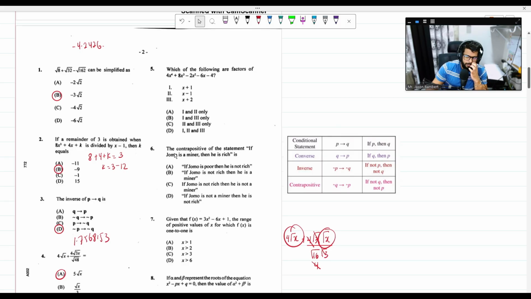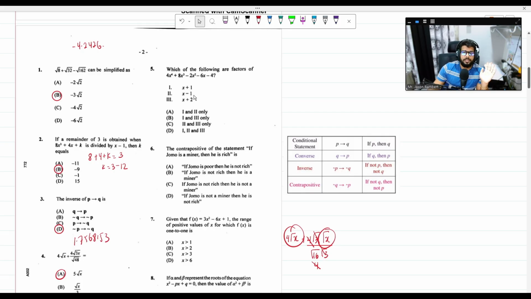Which of the following are factors of this? X to the power 4. Now, unfortunately, my calculator does have polynomials to degree 4. So what we're going to do is plug in x is equal to minus 1, then x is 1, then x is 2, minus 2.